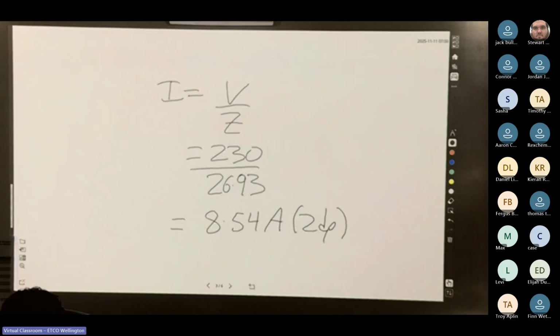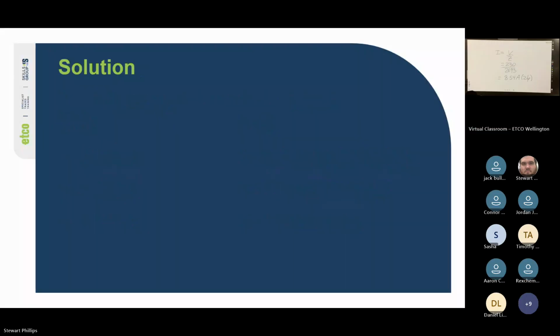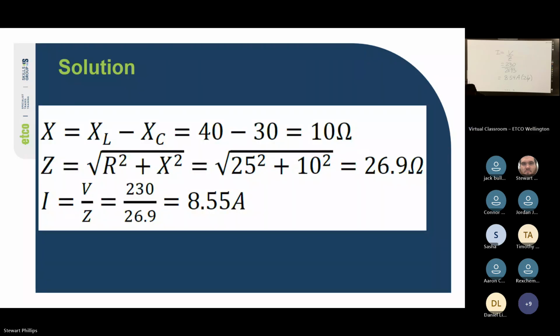I'll bring us back to the PowerPoint. They got pretty close answers, but their calculator might have been slightly different. With the online tests and the capstone, you probably won't have to show your working.